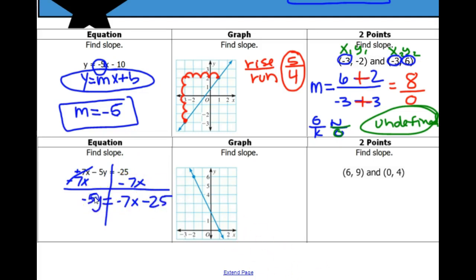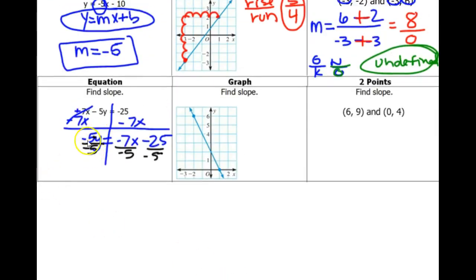And then finally, we need y by itself, so I'm going to divide by -5 because it's multiplied. We're not adding, we're dividing. So 5 over 5 is just 1y or just y. I know two negatives, when you multiply or divide, make a positive, so I have 7 over 5, and there's an x.